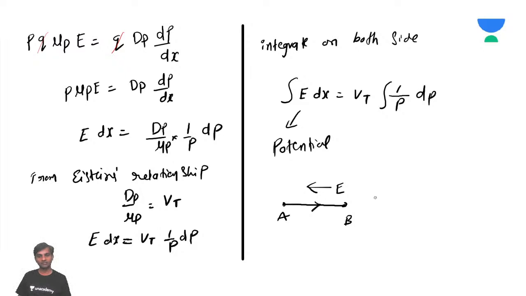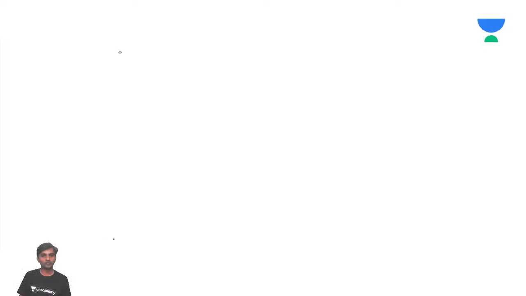So V_BA is equal to minus the integration from A to B of E dx. We are trying to move. So what can I write, sir?